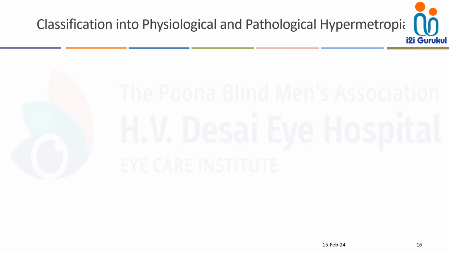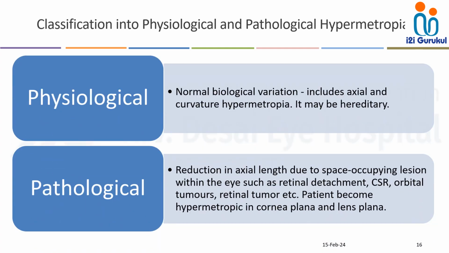Now we'll see the classification into physiological or pathological hypermetropia. The physiological is normal biological variation and includes axial and curvature hypermetropia. It may be hereditary.